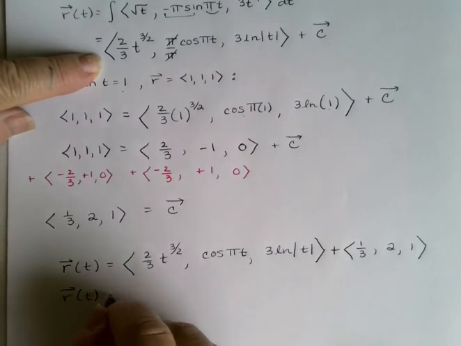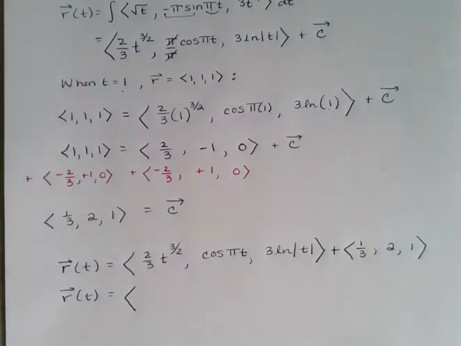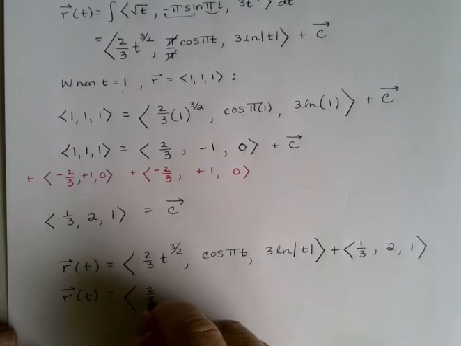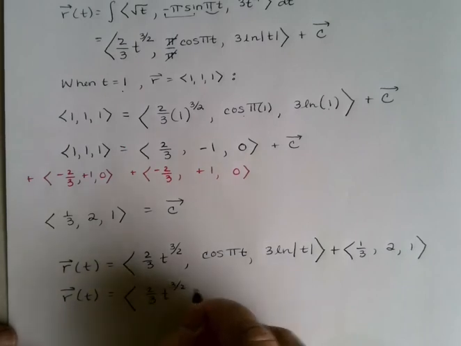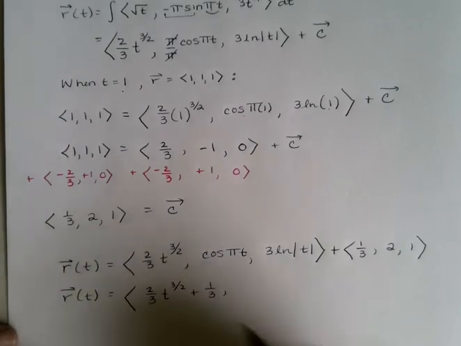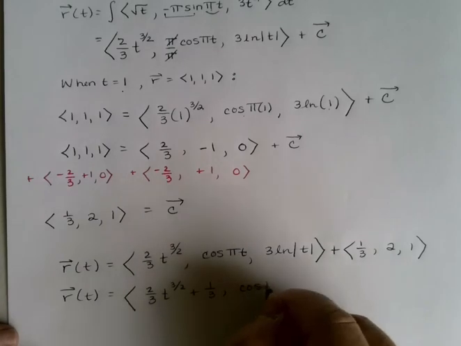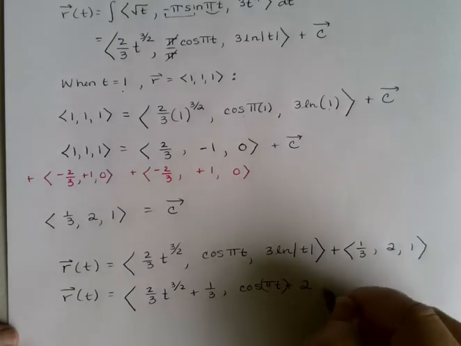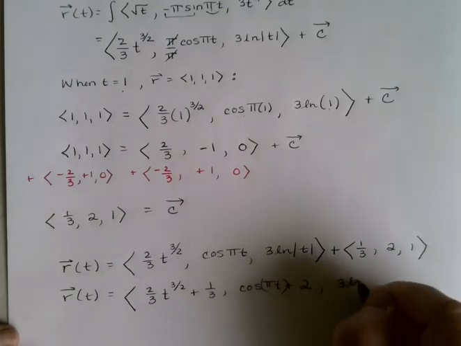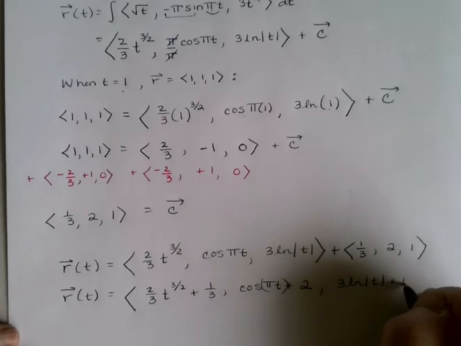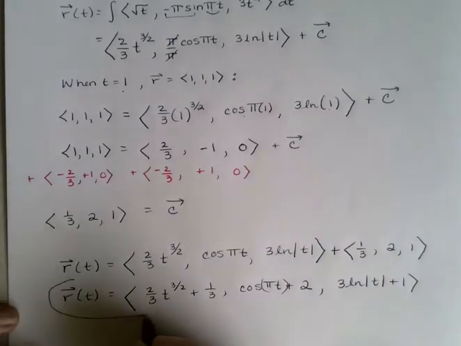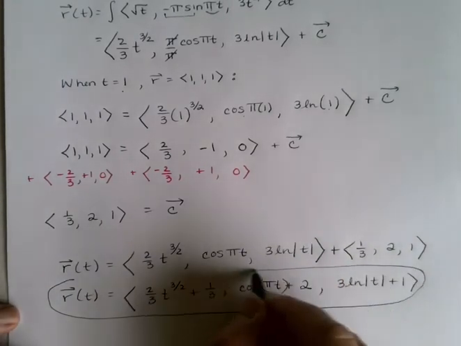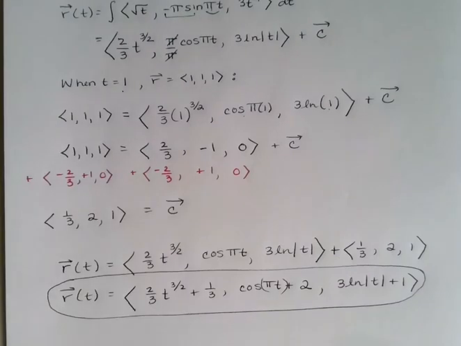And it's always nice to do the arithmetic and get a combined form, so I end up with just 2/3 t to the 3/2 plus a third, cosine pi t plus 2, and 3 natural log t plus 1. All right, that brings us to the end of section 11.6.